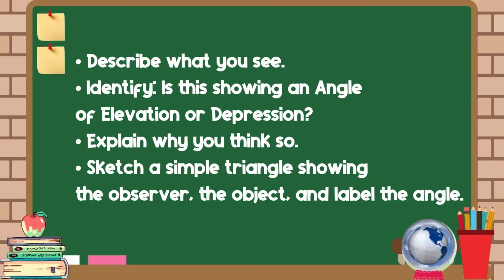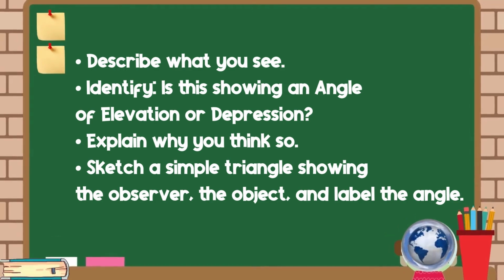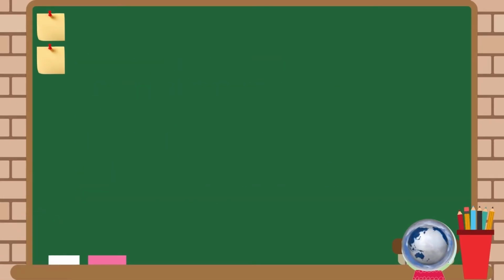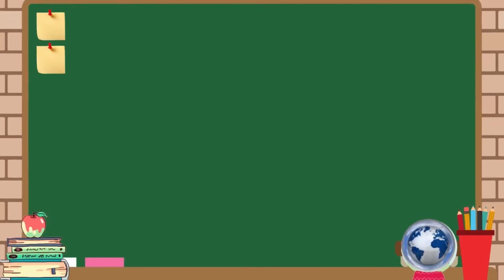Identify, is this showing an angle of elevation or angle of depression? Explain why you think so. Sketch a simple triangle showing the observer, the object, and label the angle. You can start now. Time's up.